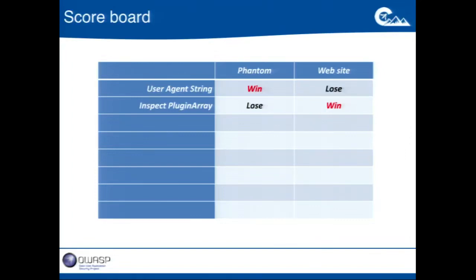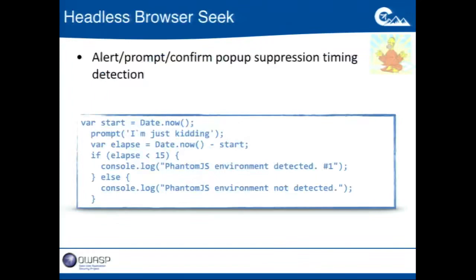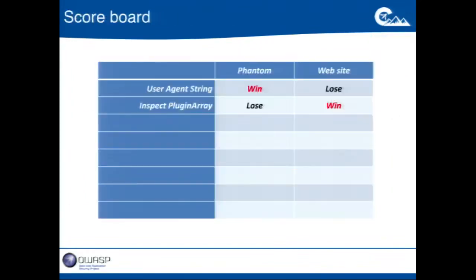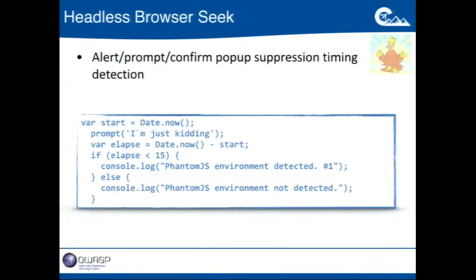Sergey. Okay, so there is another piece of knowledge that we gain from Phantom. We know that Phantom.js is going to suppress any kind of JavaScript-generated dialogues like alert or prompt or the confirm dialog or whatever, which means whenever you pop an alert on the page, it's going to return immediately.